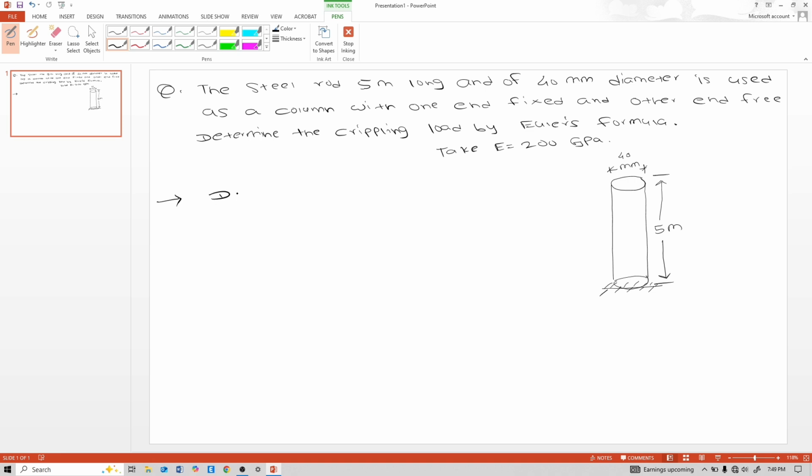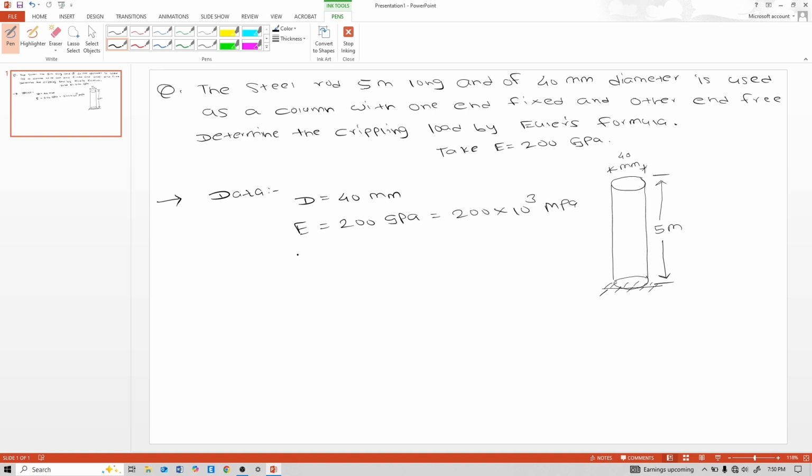So first write the given data. Let us consider capital D as the dia of this steel rod. E is Young's modulus or modulus of elasticity of steel, given as 200 GPa, that means 200 into 10 raised to 3 MPa. MPa means Newton per mm square.